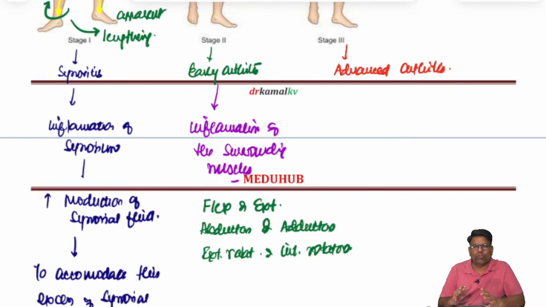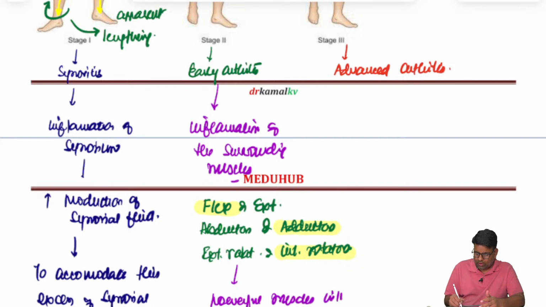muscles which are powerful will overact and they will pull the limb in the direction of their action. So these powerful muscles are flexors, adductors, and internal rotators. Since these are powerful muscles, they will pull the limb in their direction, right?